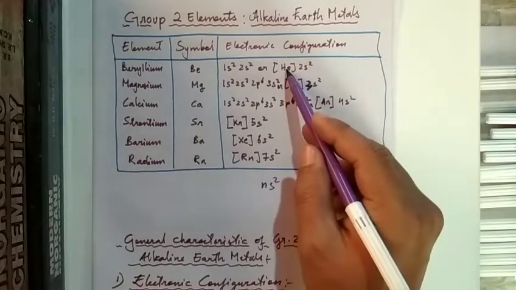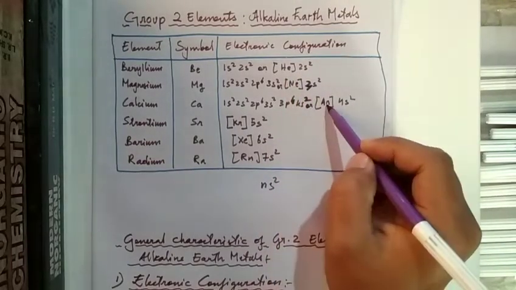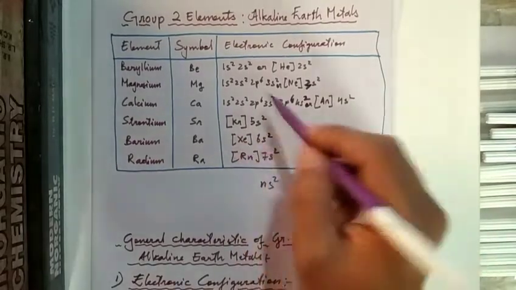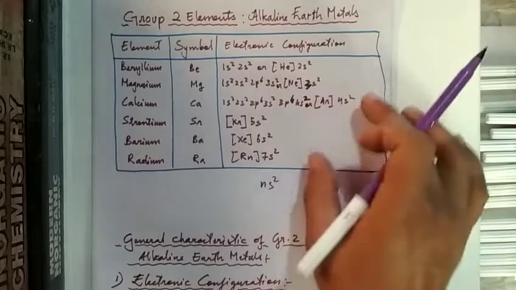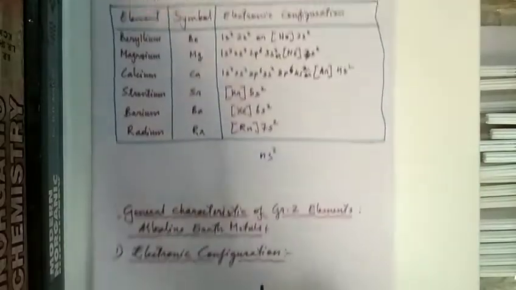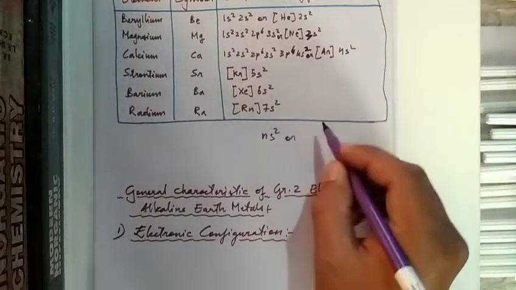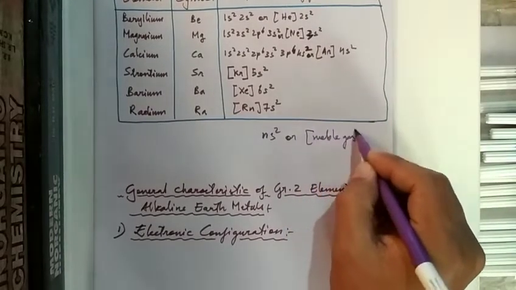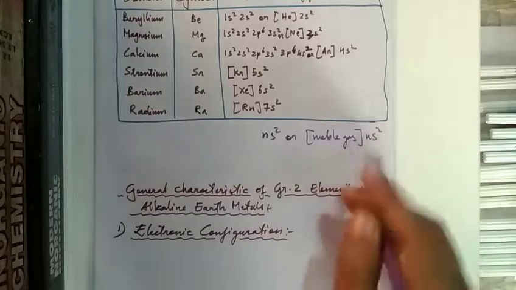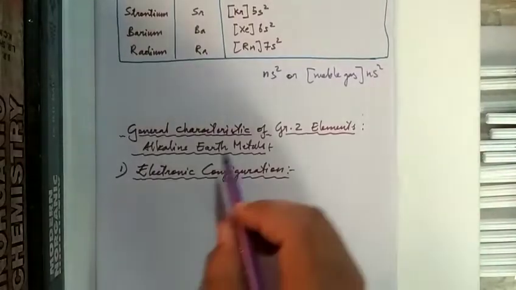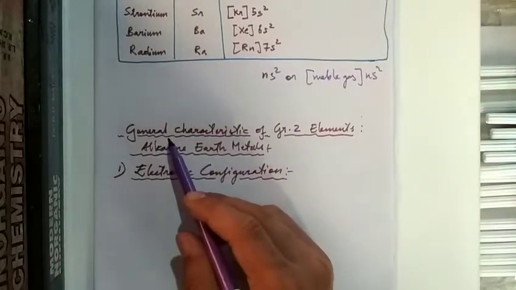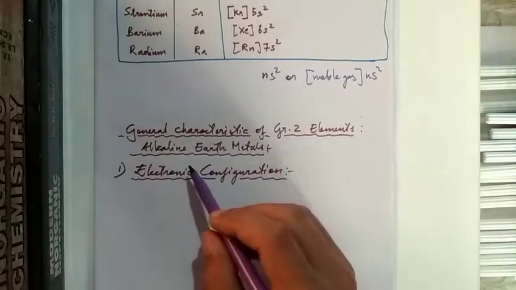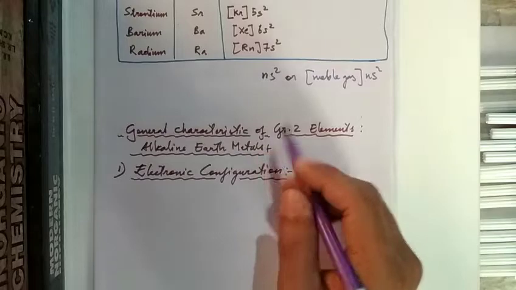In short, you can write it with a noble gas core, such as helium, neon, argon, krypton, xenon, and radon, followed by ns2. For this one, you can watch the first video. So we are going to discuss the general characteristics of group 2 elements or alkaline earth metals.